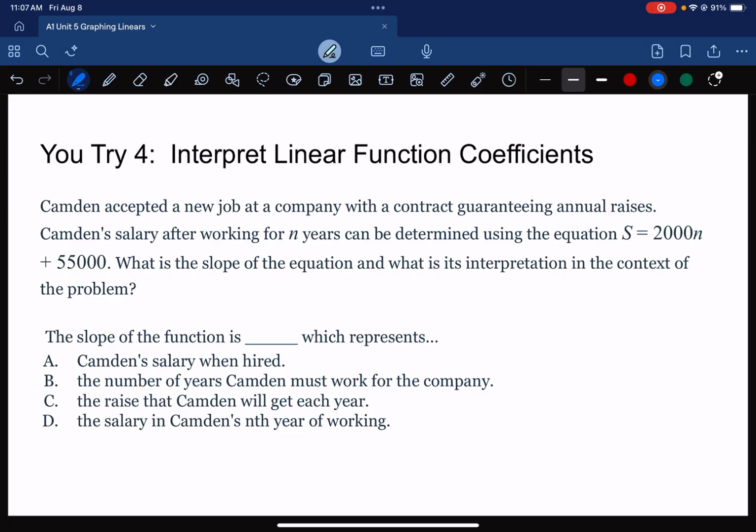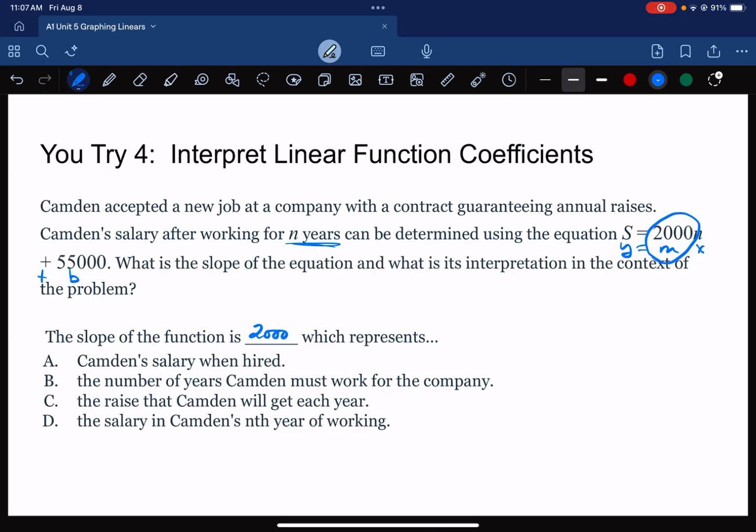Okay, so we've got Camden accepted a new job at a company with a contract guaranteeing annual raises. Camden's salary after working n years can be determined using the equation S equals 2,000n plus 55,000. What's the slope? Well, here's y equals mx plus b, and the slope is 2,000.